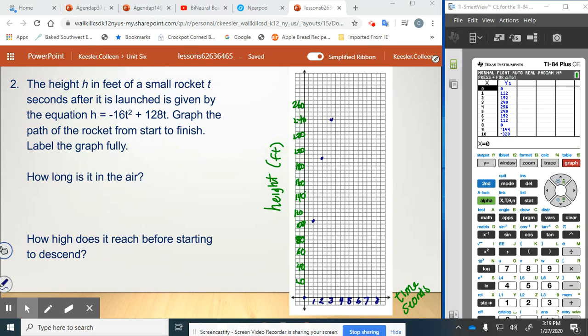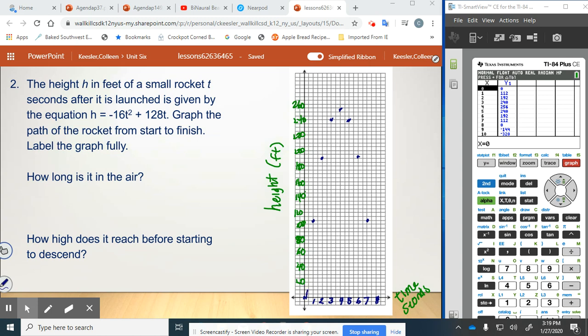Then 4 and 256, underneath the 260. Then back down and symmetrical. So 5 is that 240 again. 6 is the 192 again, which is about there. And 7 is the 112 again, about there. And 8 is back at 0.